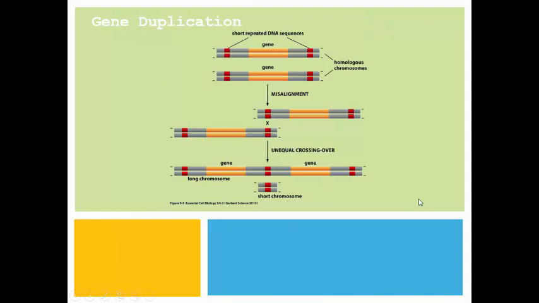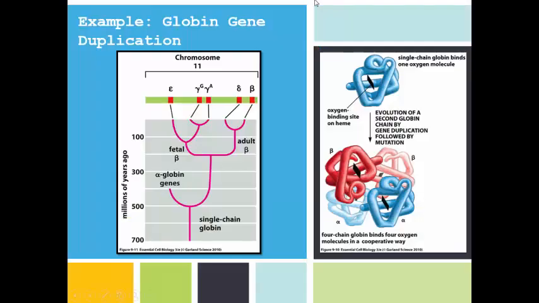It is believed that when these errors are made, the second copy of the gene can be modified or mutated, creating a new special purpose within the cell. Let's take a look at an example of this. This example is the globulin gene family. The globulin protein, as you should be aware of by now because we've beaten it into you, is responsible for carrying oxygen into cells.